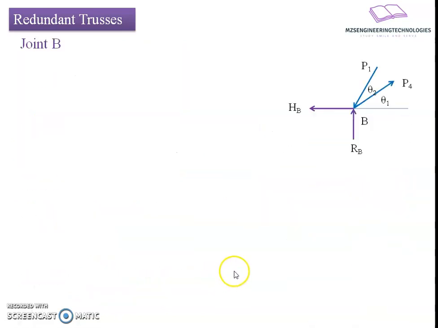After knowing this inclination, let's start with the joint by joint analysis. Joint B is addressed first, where we have four forces. Two are the reactive forces and two are the member forces. Member forces are marked as P1 and P4. The sign convention is taken in order to balance the equilibrium among the forces, and after preparing the free body diagram, let's apply static equilibrium equations to the joint B. It results into summation of fx equals 0: minus p1 cos of theta 2 plus p4 cos of theta 1 equals 0.